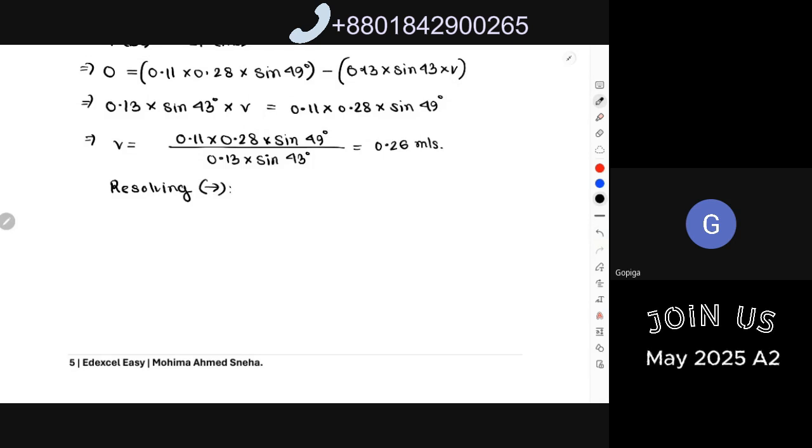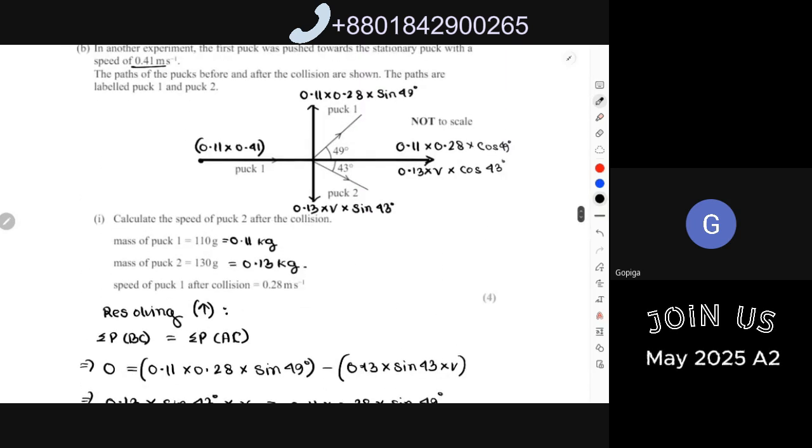resolving horizontally, okay? That is the same equation, total momentum before collision, and then again total momentum after collision, okay? So for the total momentum before collision, now only particle 1 has a velocity which was 0.41 exactly in the horizontal plane, and after collision they were both traveling in the same direction. Like you can see that both horizontal components for the two particles were in the same direction.